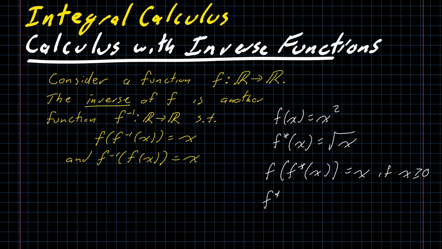And f star of f of x is equal to the absolute value of x. So it's kind of sort of mostly x if you take just the positive values of x, but if you don't have that restriction in mind, then you run into some issues. So you have to carefully define and take the branch of the x squared function where x is positive, and then yes, you do have an inverse, but as it's written, you do not.